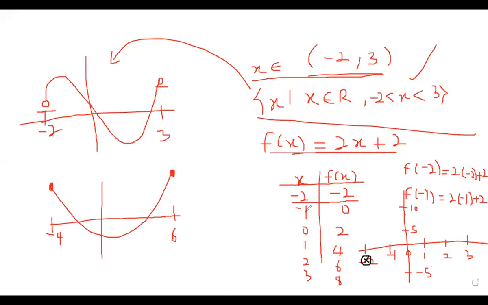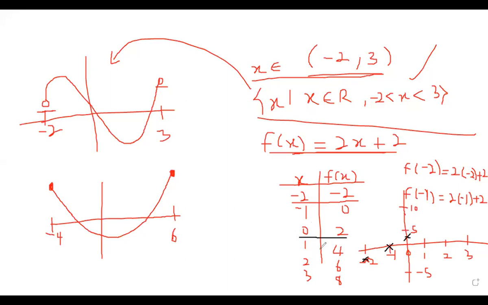Then the next value. Let's just use the star. Good. Then x is -1, y is 0. Then x is 0, y is 2, so (0, 2) will be here.